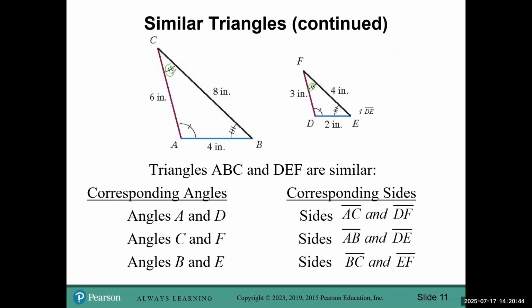And then that means that this side AB and this side DE are the corresponding sides. And you notice that they're drawn in the same orientation. So you can see that all of the sides in the larger triangle ABC are twice as big as those in DEF.